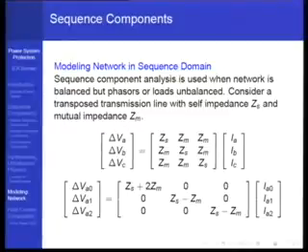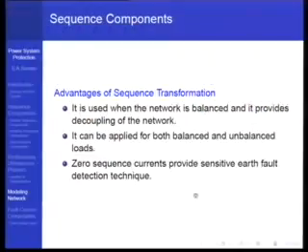You should try it yourself. The standard matrices which we show you are all based upon A phase as the reference phasor. Take B phase as the reference phasor, rewrite the sequence transformation matrix T, and check that it is different from what we have shown here. But for convenience, it is always assumed that A phase is the reference phasor.